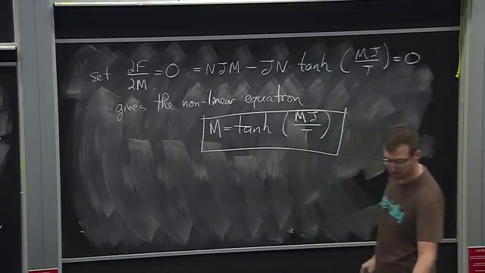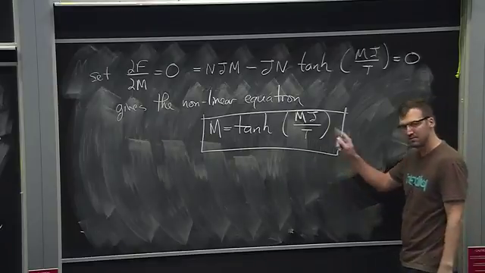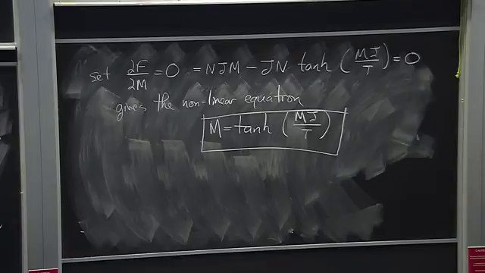Okay, so that nonlinear equation is what we have to solve in order to get the value of the magnetization for any temperature T. Make sense? So unfortunately, it sucks to solve, even though it's exact.